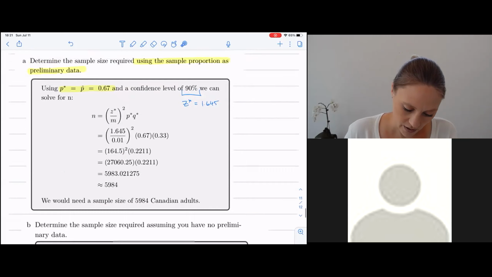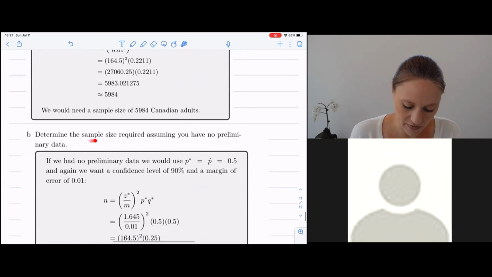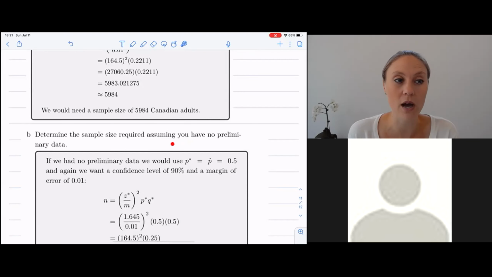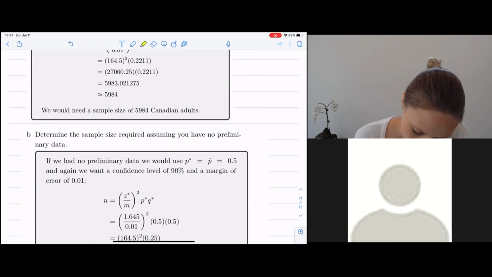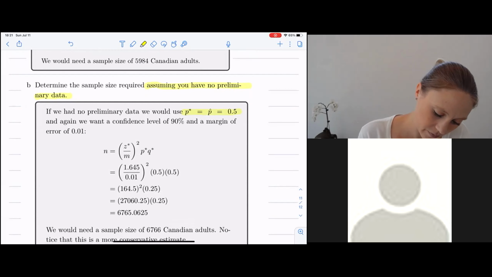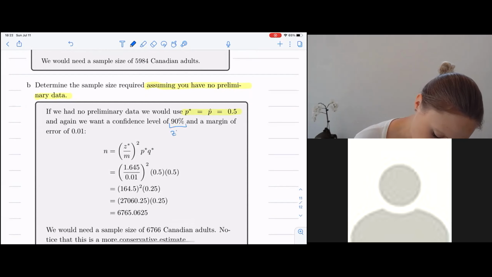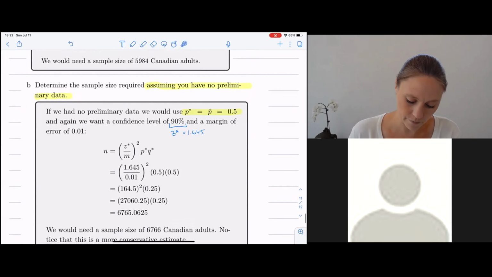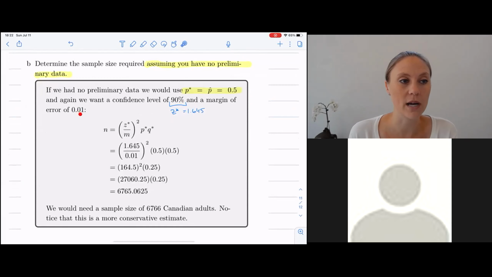So now I want to determine the sample size required, assuming you have no preliminary data. So if we had no preliminary data, we would use a 50-50 split. And again, we want a confidence level of 90%, so again, Z star is 1.645. And we want a margin of error of 0.01 again. Same thing.